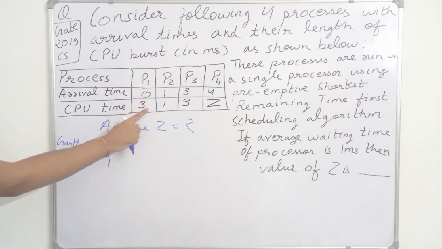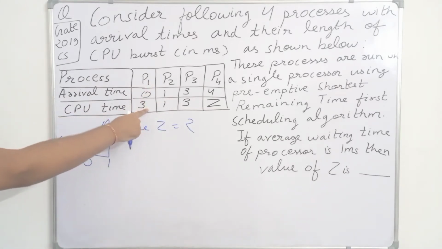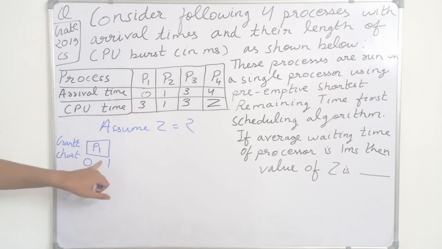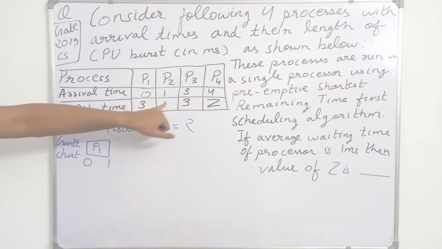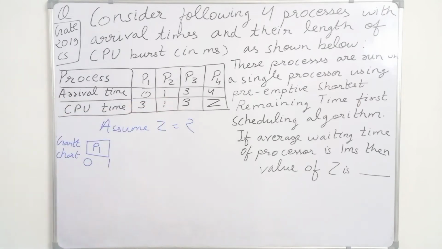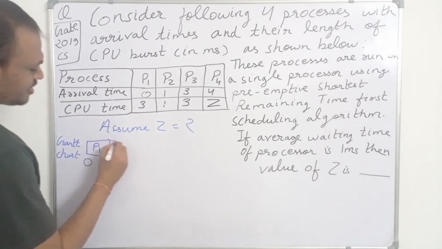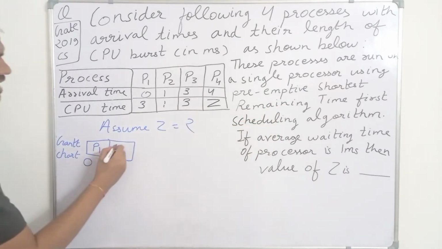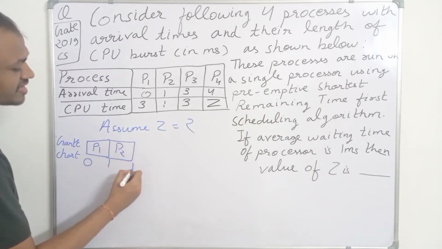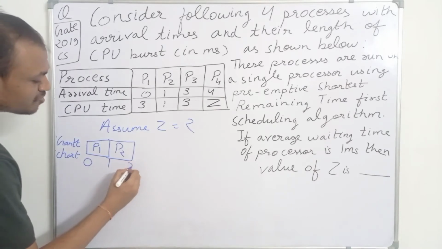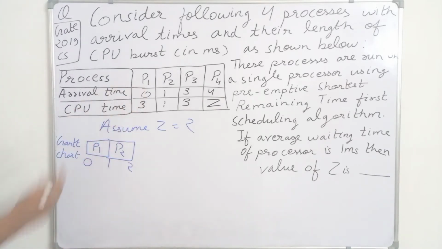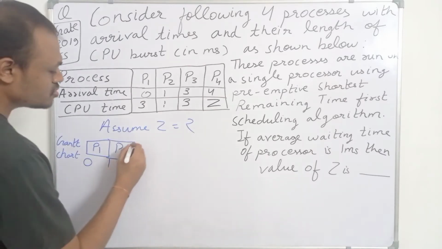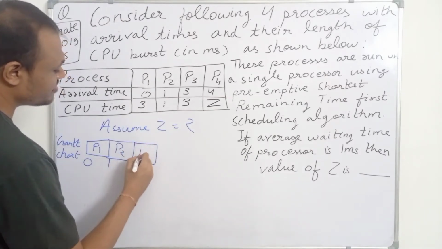The remaining time of P1 is 2 milliseconds because it has already been scheduled for 1 millisecond, and the remaining time for P2 is 1 because its CPU time is 1. So P2 will be scheduled first because we are using the shortest remaining time first algorithm. It will be completed at 2 milliseconds. Now P3 and P4 have not arrived till 2, so again P1 will be scheduled.